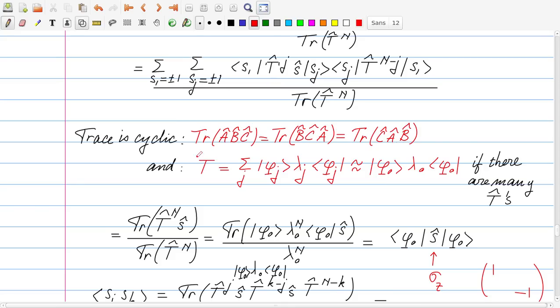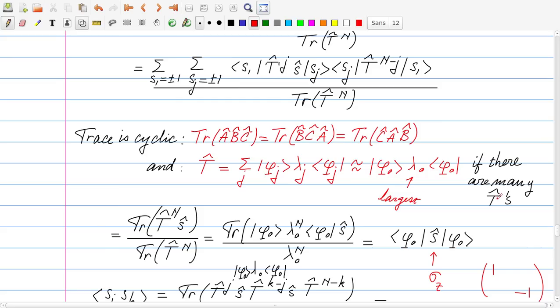Now the second step is that we can write each T by its eigenvalue expansion. So any operator, after I have diagonalized it, I can write in this form. And because I have many T's here, it makes sense to keep only the largest eigenvalue, and I use now the notation where phi 0 or lambda 0 is the largest eigenvalue.